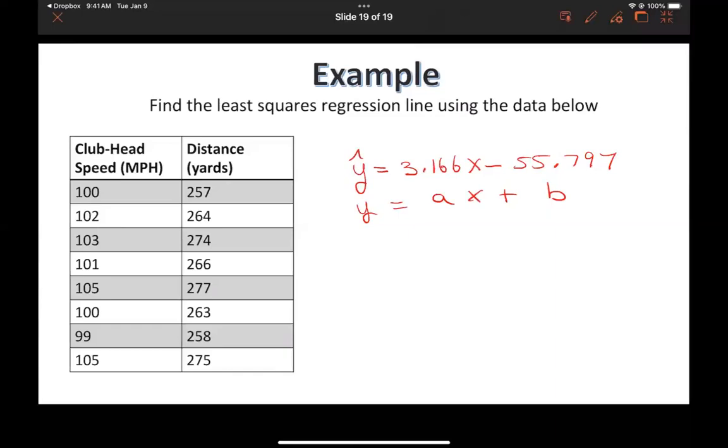Anyone else? Does this get solved, or is this how it's left? If we leave it at this, if it asks you for a least squares regression line, this is what you get. There's no way to solve this unless I put a value in for a variable.